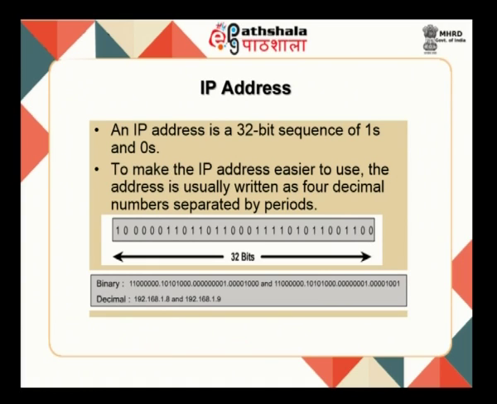Here you can see that every 8 bits forms a decimal number. So, every 8 bits of the 32 bits forms a decimal number, and every IP address is going to be of 4 decimal numbers. This IP address has 2 parts, a network and a host address.